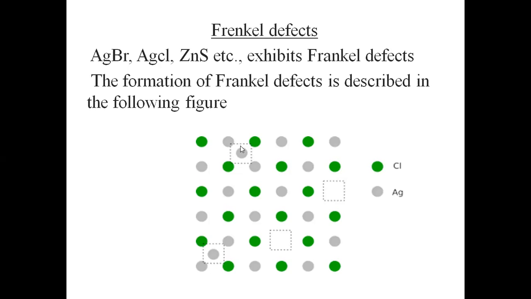An Ag plus atom leaves its position and is placed at a point which is not a regular position of that atom. This type of defect is known as a Frenkel defect.